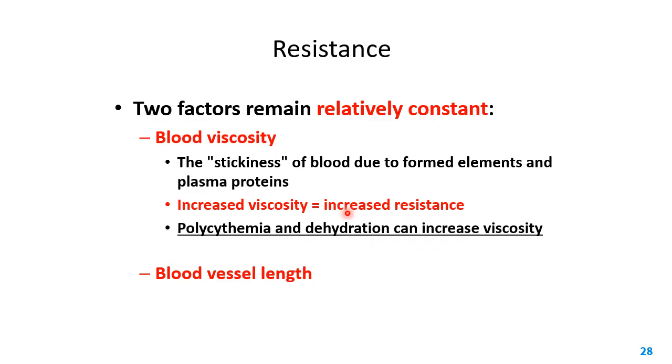Well, if you are dehydrated, I got thirsty just thinking about that, your blood is going to be thicker because your hematocrit is going to go up. If you do blood doping, the blood is going to be thicker. If you are producing a lot of blood cells, that's polycythemia, your blood is going to get thicker, right?